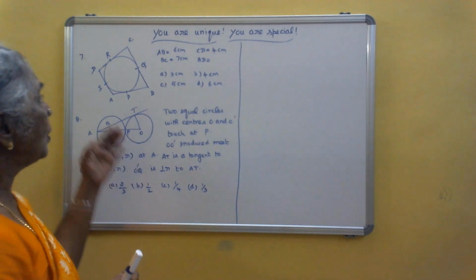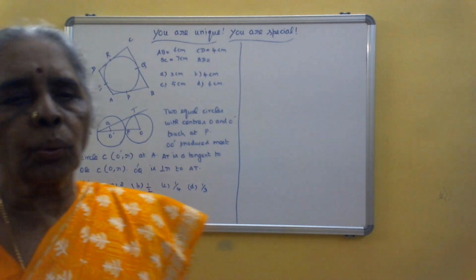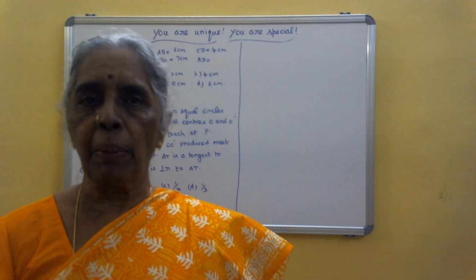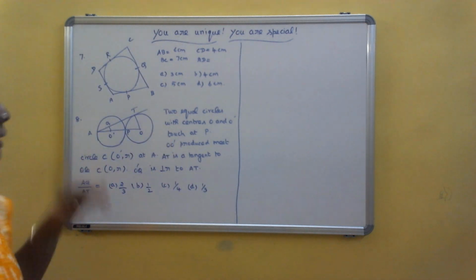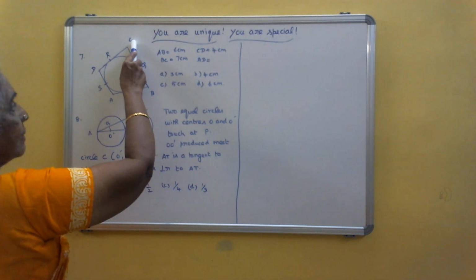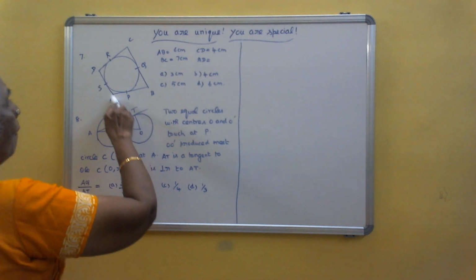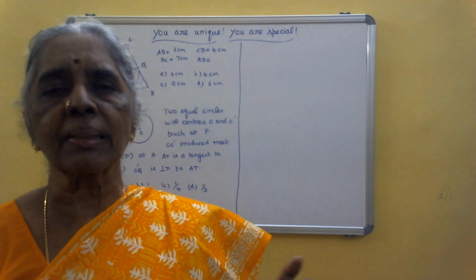Here, whenever you see tangents from external points, you know the lengths of the tangents are equal. That is the concept. But it is better if you know, when you are getting a figure like this, AB plus CD will be equal to BC plus AD. If you know it, it will be better. You can solve the sum quickly.